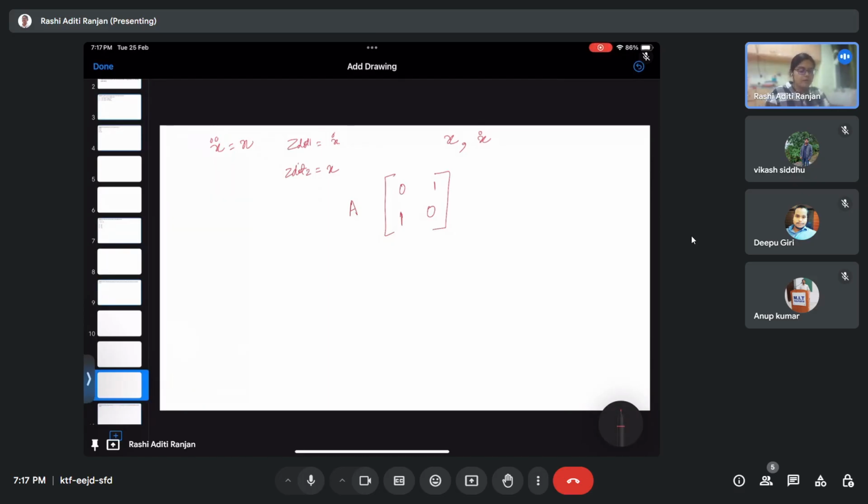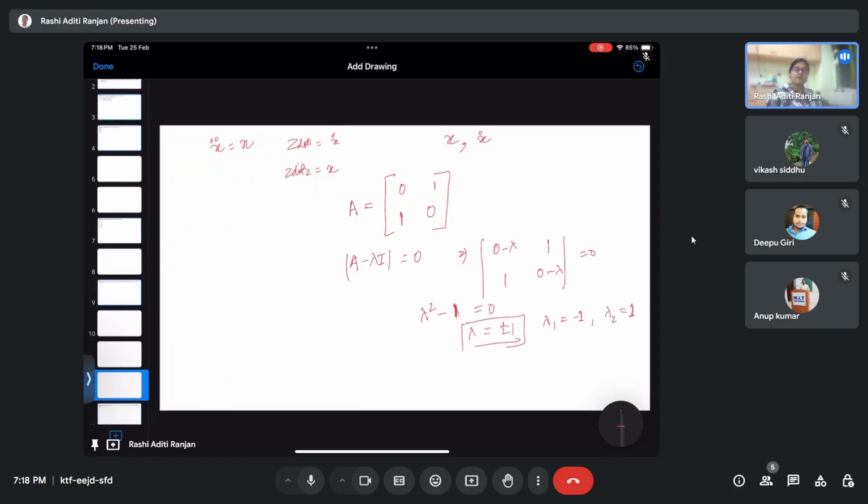Now if I want to find the eigenvalues, what will I do? A minus lambda I, determinant equal to 0. These are my eigenvalues: lambda 1 is equal to minus 1 and lambda 2 is equal to plus 1.